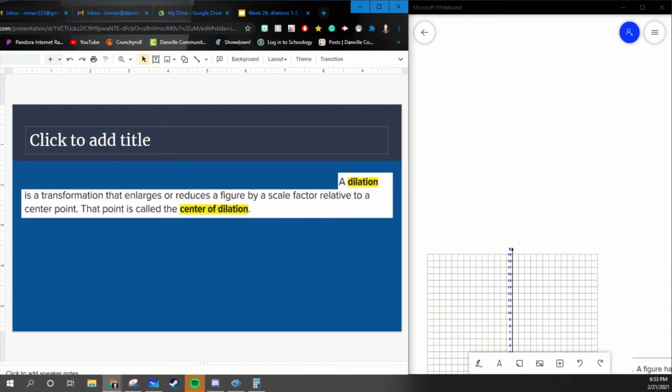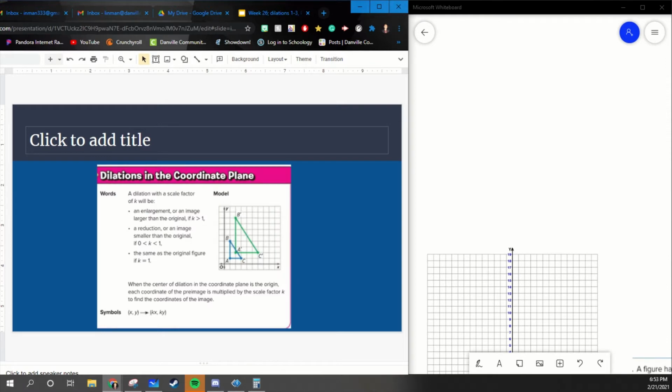You've seen the word scale factor before in 7th grade math on ratios and proportions, so it should be kind of familiar, and we'll talk about that at the very end of this lesson.